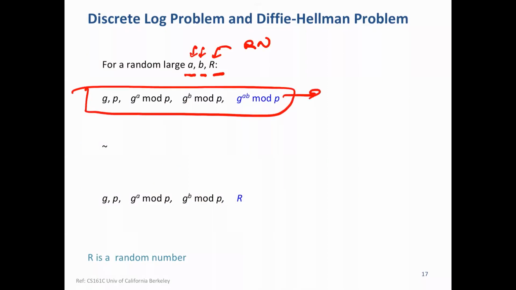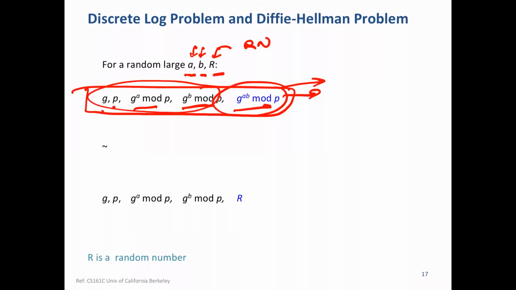Mallory can see g, p, g raised to the power A mod p, g raised to the power B mod p, and g raised to the power AB mod p. Oh, I'm sorry, this last one is not public knowledge. These three are public, and this is the key that they have generated.